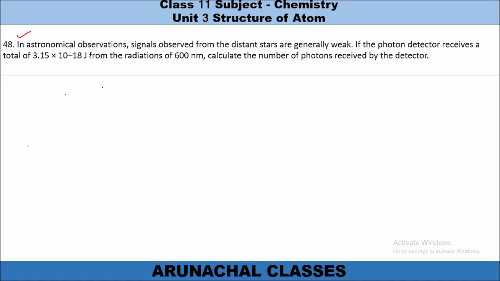If the photon detector receives a total of 3.15 multiplied with 10 power minus 18 joule of radiation of 600 nanometer wavelength. So this is the wavelength and this is the energy. Calculate the number of photons. We have to calculate the number of photons received by the detector. So we know that E is equal to N h nu. N indicates the number of photons.